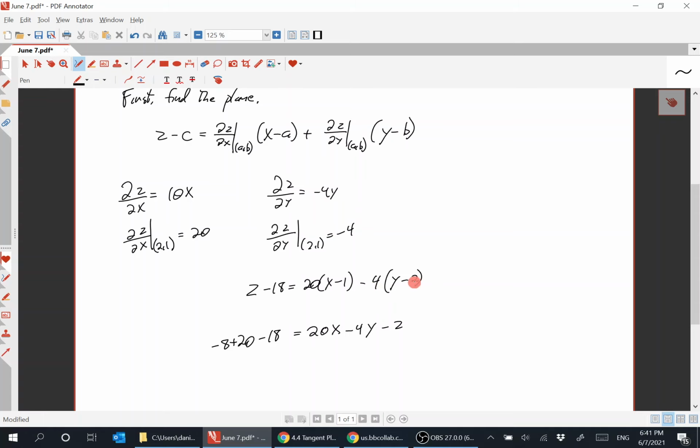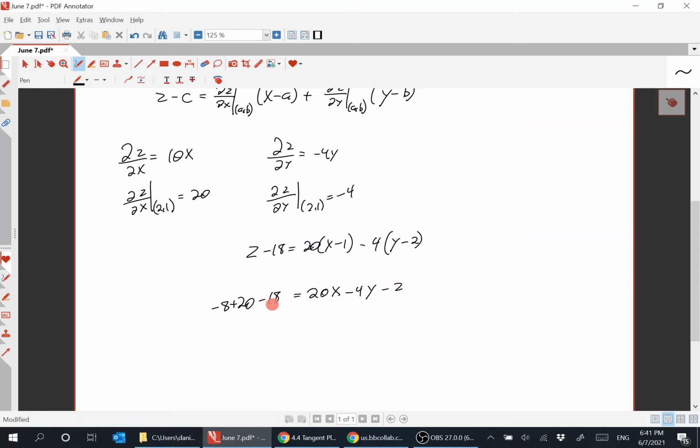All right, so this is plus 8, that becomes minus 8, minus 20 becomes plus 20. So minus 26 plus 20 is minus 6 for 20x minus 4y minus z. So the normal vector for that plane, so here's the plane, right, with that equation.